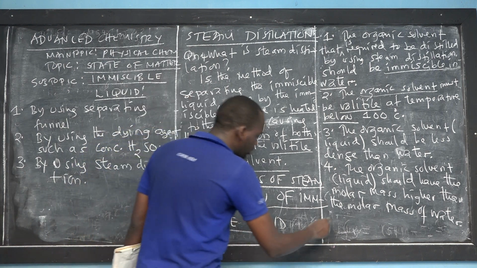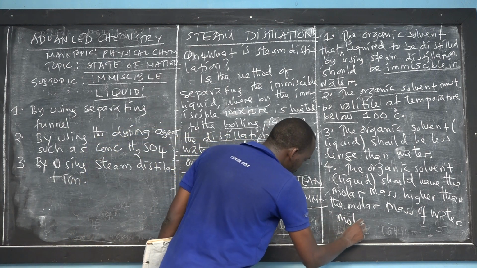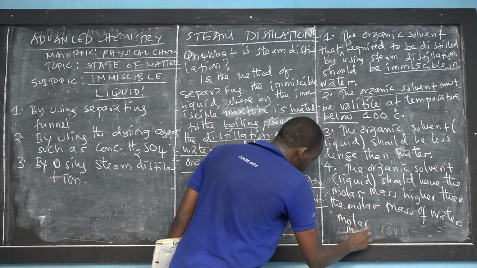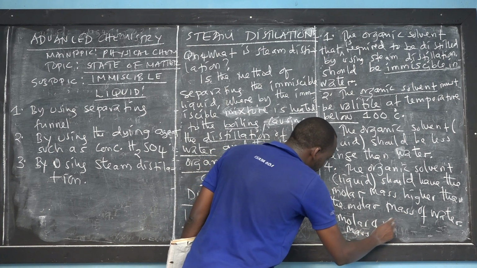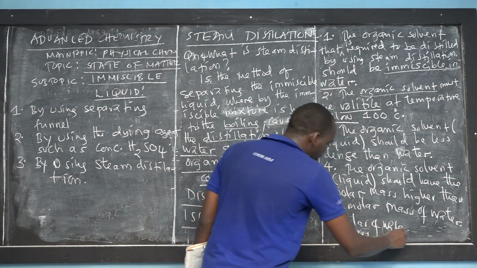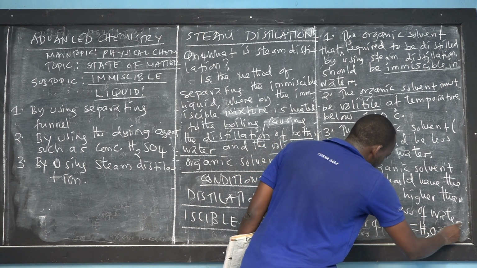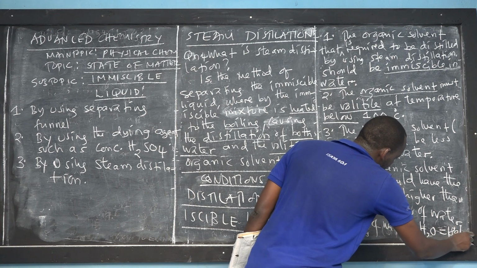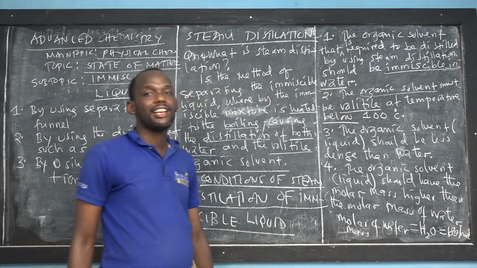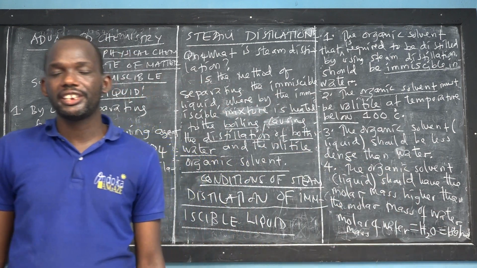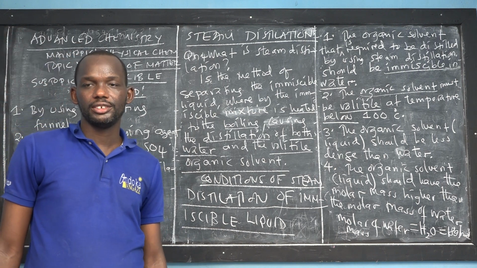What is the molar mass of water? We just remind you, from the molecular formula H2O, it is 18 grams per mole. So the molar mass of the other liquid should be greater than the molar mass of water.